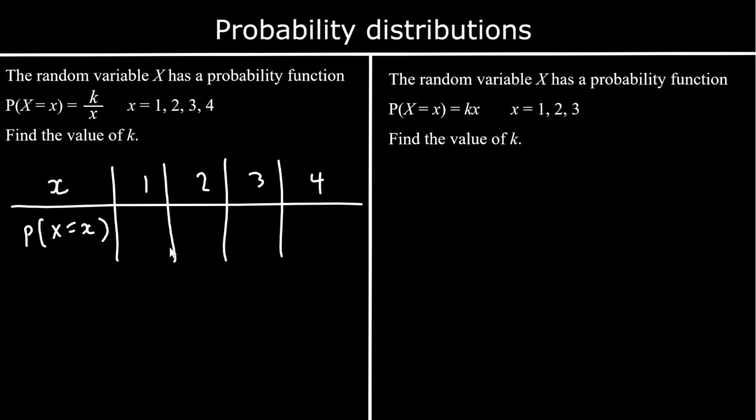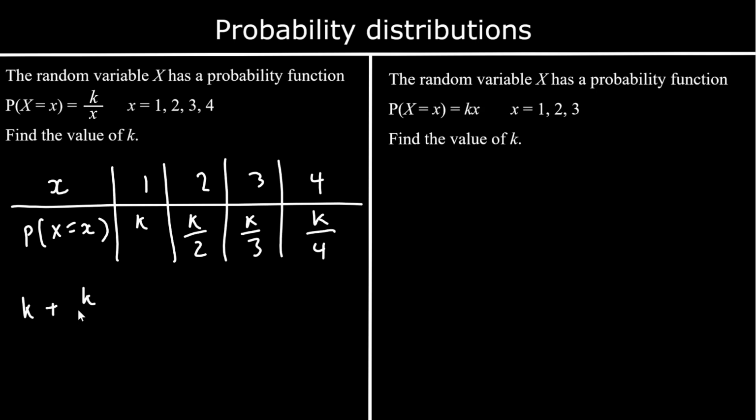And then our probabilities are going to be k over 1, which is just k, k over 2, k over 3, and k over 4. We need to find the value of k. And we know the probabilities have to add up to 1.